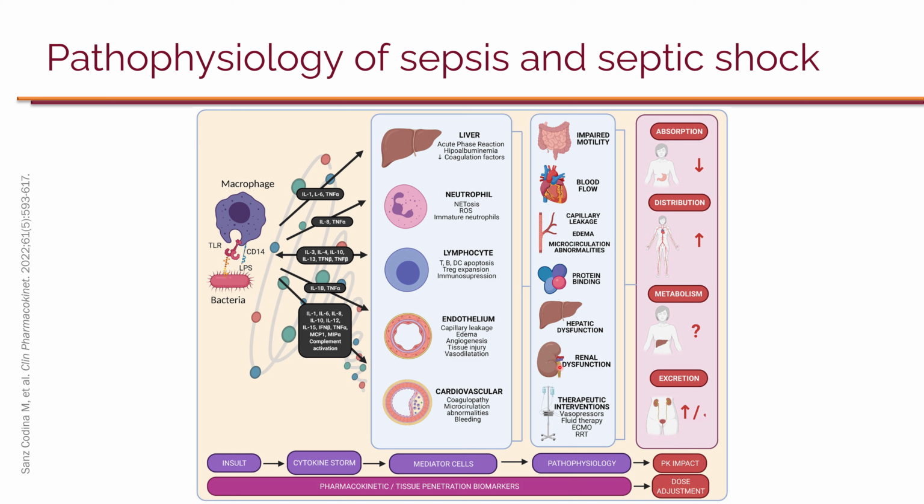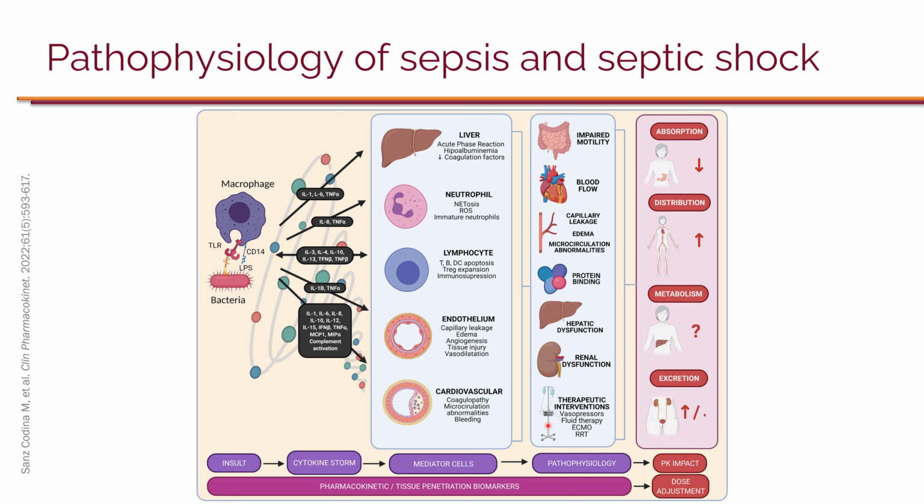Metabolism, so if there is hepatic dysfunction and renal dysfunction, metabolism of drugs could be affected depending on a specific drug. If they are metabolized by the liver, the dose needs to be adjusted, or if they are renally cleared, they need to be adjusted. And of course, some of our interventions affect the pharmacokinetics in the patient.